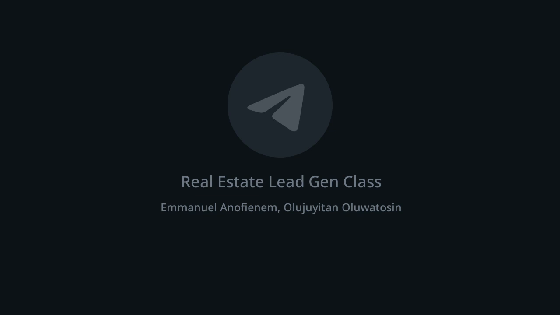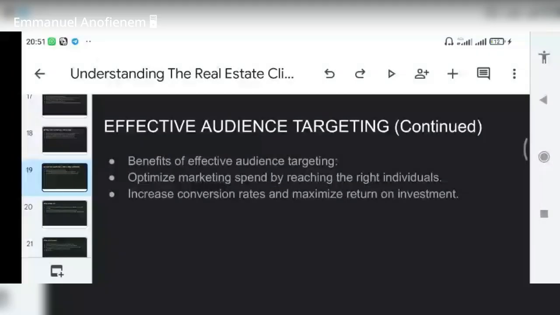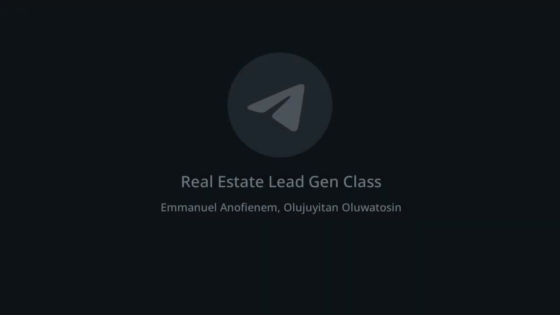That's one of the benefits of targeting properly, so that your cost per conversion, what conversions means, is your cost, the money you're spending to get them to take the action that you want, either if it's messaging, they send you a message, or they drop the number on the Facebook lead form, or whatever strategy you're using. You reduce the money you spend on those ads when you're targeting properly.